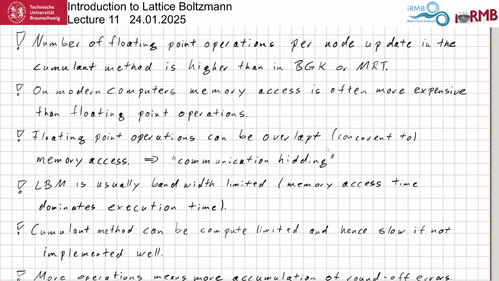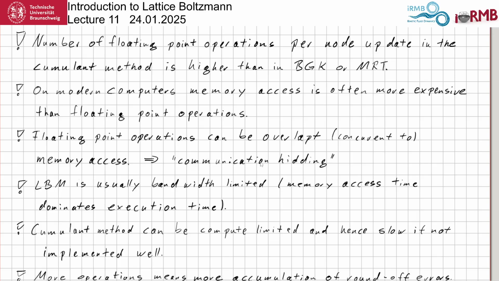So that is a possibility. And usually for BGK this is even the case. Just doing BGK or just reading and writing the data back usually has the same cost.